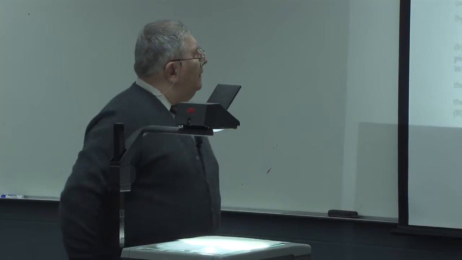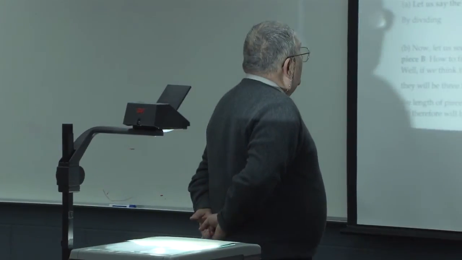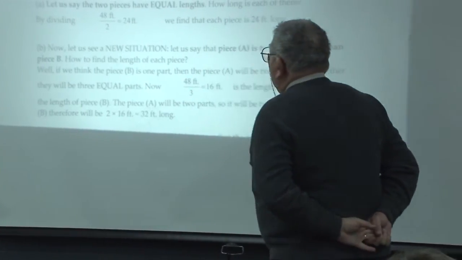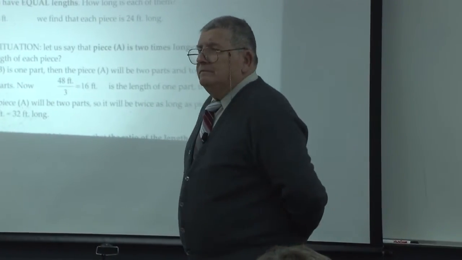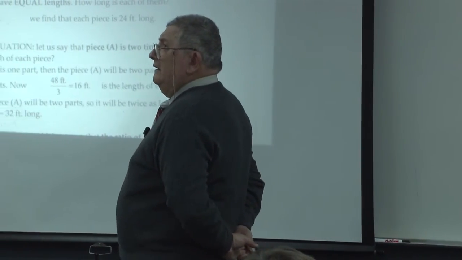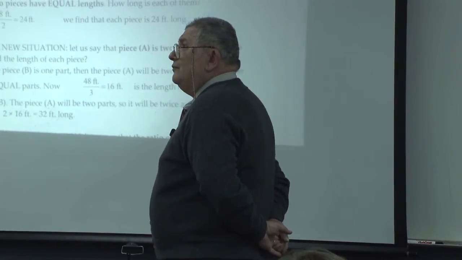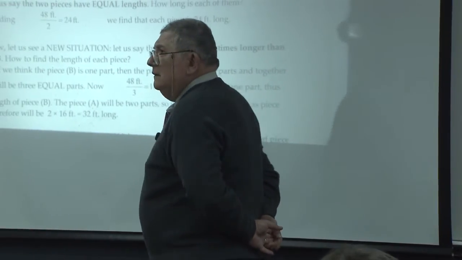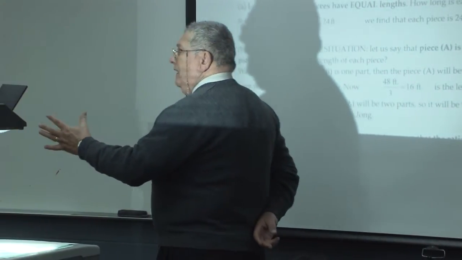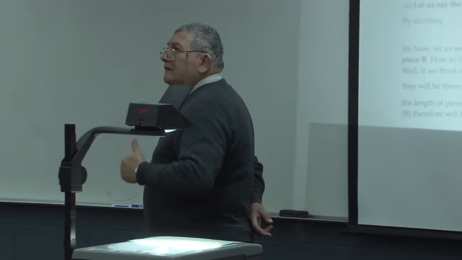Now, a new situation. Let us say that the piece A is 2 times longer than the piece B. Then how do we find the length of each one? Well, if the piece A is twice as long as B, if B has 1 part, then A has 2 parts.